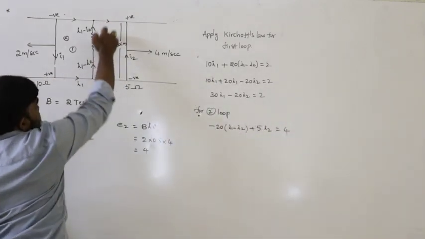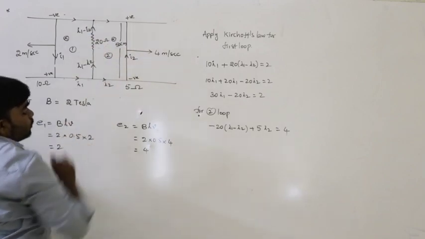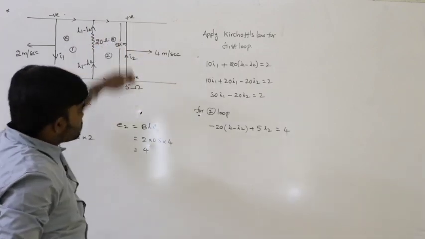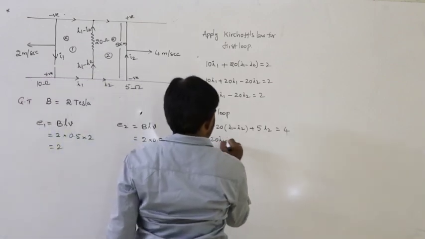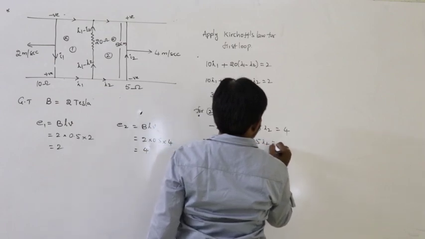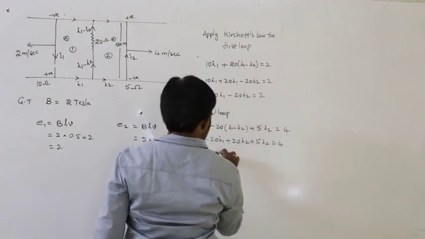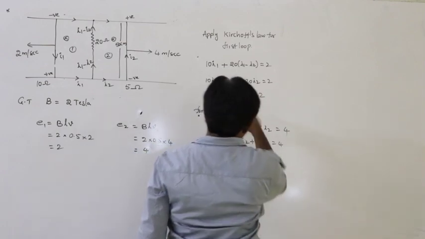Here we are moving like this. In the direction of the current, potential is negative. Opposite to the direction of the current, potential is positive. So that is minus 20 I1 plus 20 I2 plus 5 I2 is equal to 4. Minus 20 I1 plus 25 I2 is equal to 4.